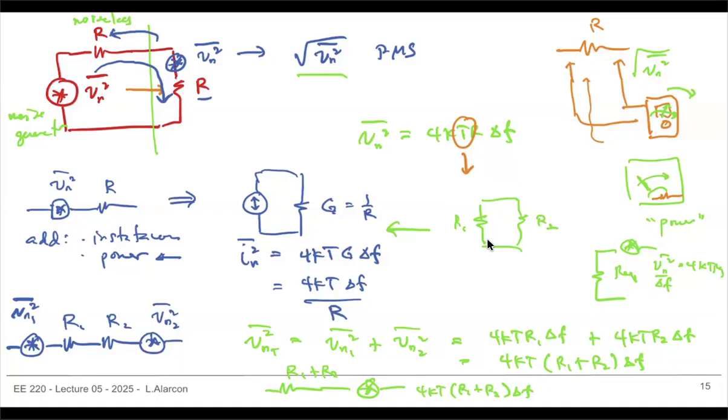Now, lastly, before we end, I just want to point out a few things. Before we go to all the noise analysis, because we talked about resistors, what about capacitors and inductors? They do not generate noise.